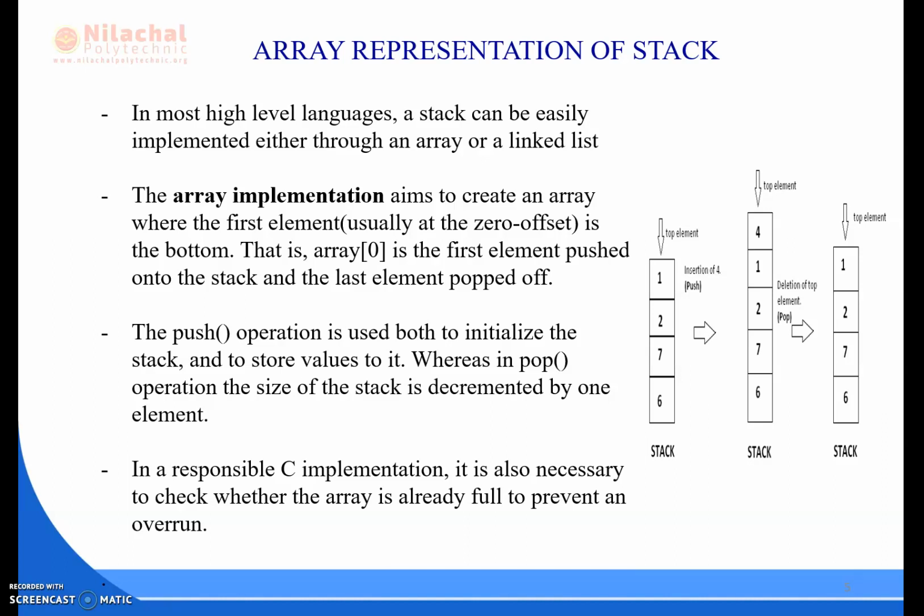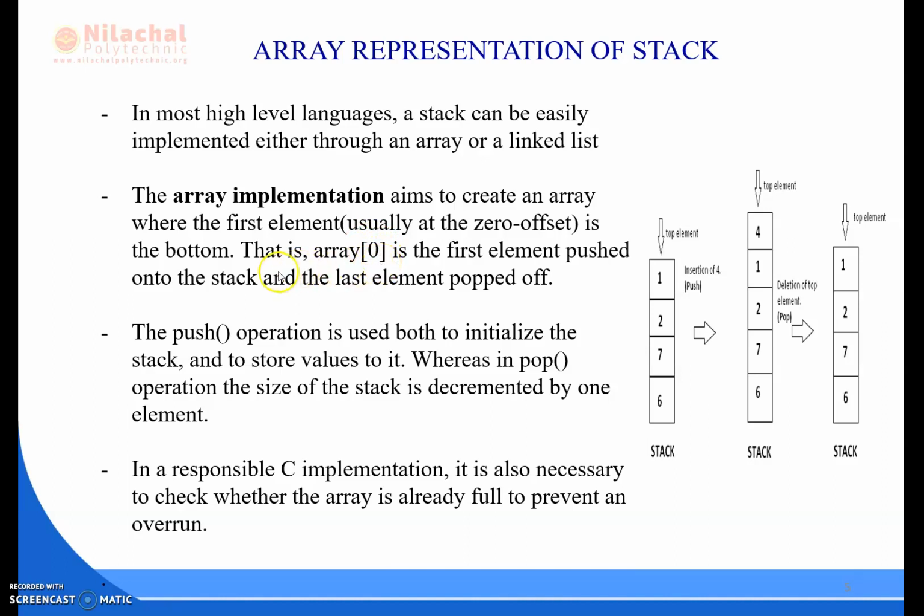We already know in array, in our previous slides we have discussed about array. So basically our array first position starts with 0 index number, and we represent it as array of 0, where array is the name of the array and 0 is the 0th position or the first position.